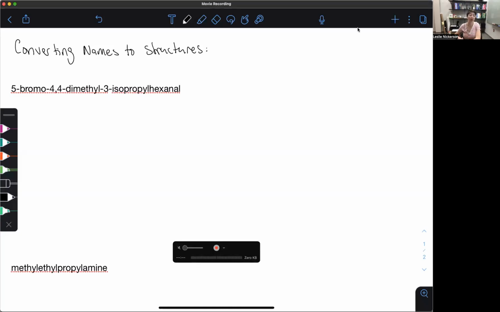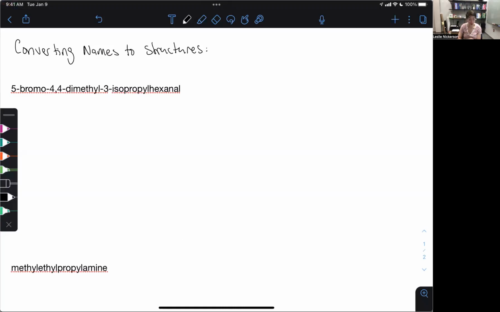Everybody, I'm going to talk about how to convert names to structures in this video. So there's going to be a pretty step-by-step method that we're going to want to do. So the first step, we need to identify the parent chain. Okay, then we're going to identify the main functional group.